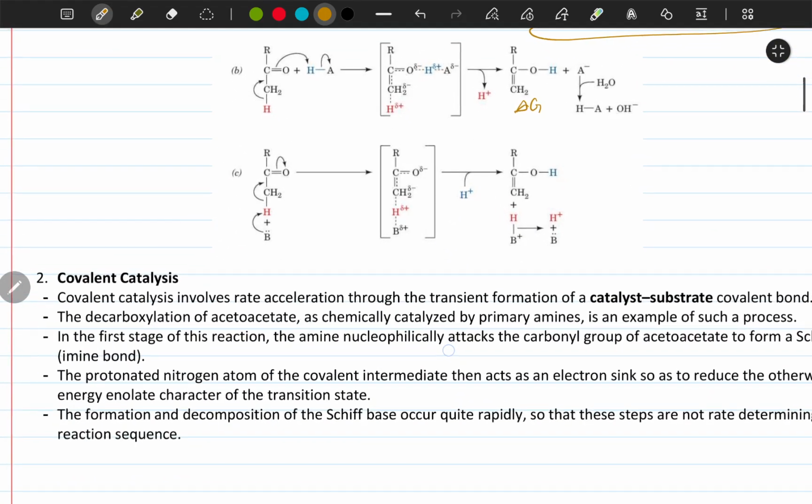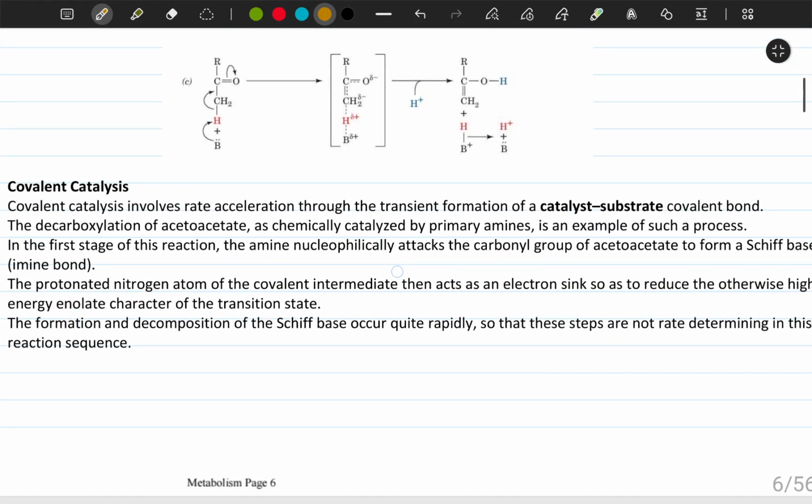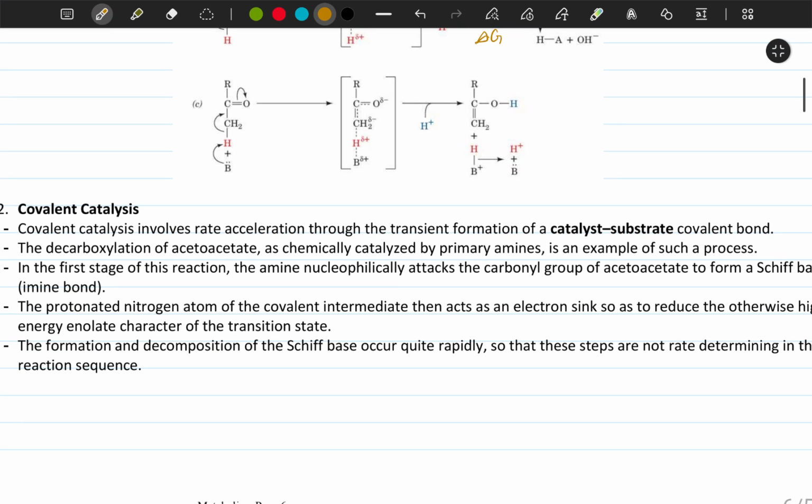Next is covalent catalysis. Covalent catalysis involves rate acceleration through the transient formation of a catalyst-substrate covalent bond. We are seeing transient formation of catalyst and substrate.